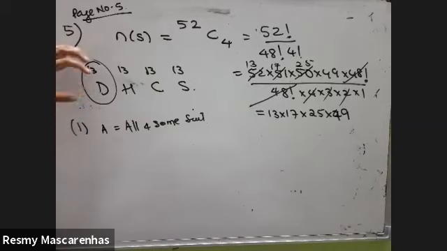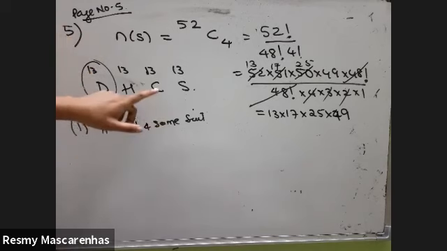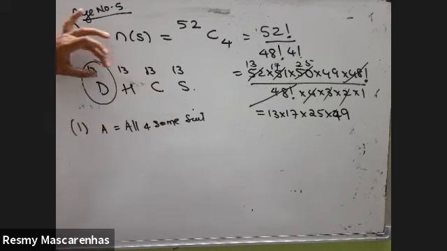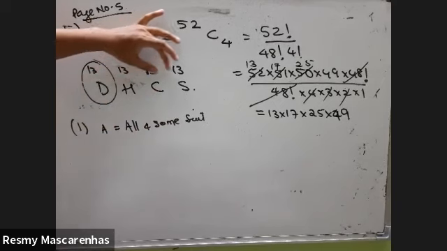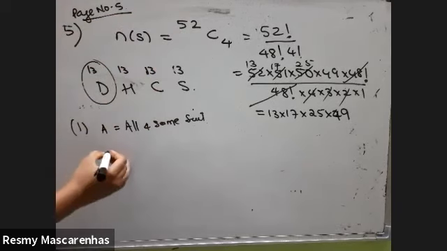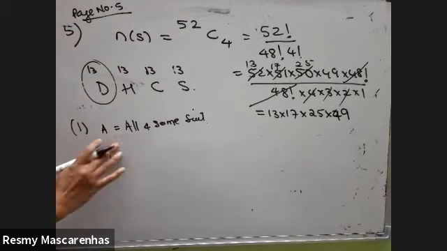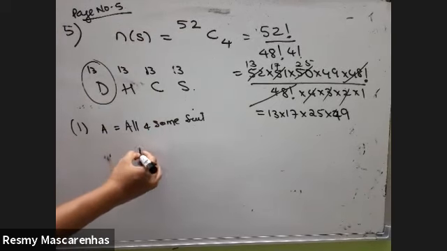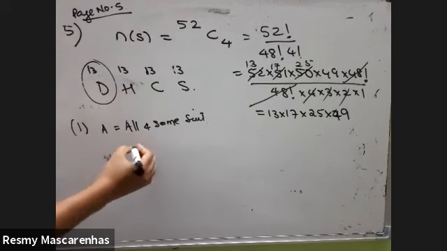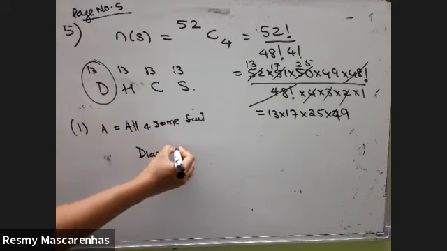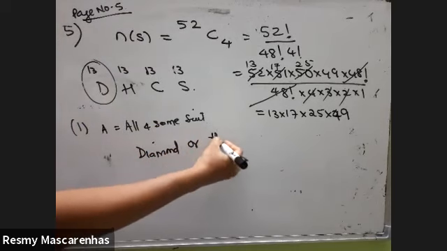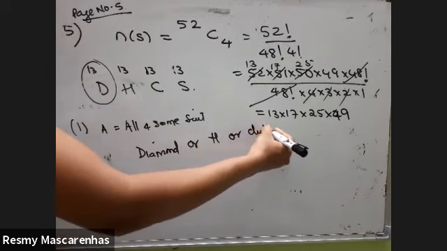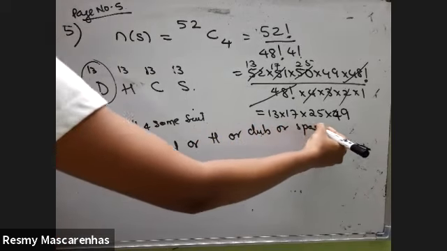Now, of the same suit. They have not told which suit, so it could be diamond, it could be hearts, or it could be clubs, or it could be spade. A could be from diamond or hearts or club or spade.